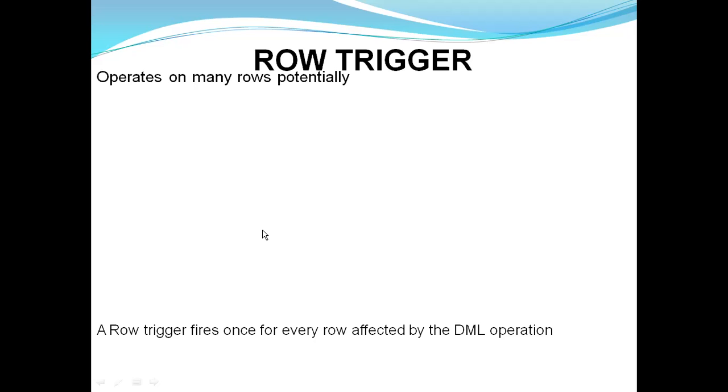Now there are two types of triggers. One is a row level trigger and one is a statement level trigger. What's the difference between the row level and statement level trigger? Row level trigger executes for the number of rows affected by your statement. If you are updating something and it is updating 10 rows, your trigger program will execute 10 times.